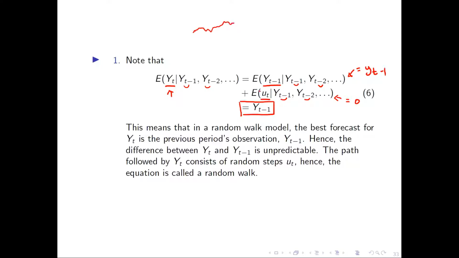And that's because the error term is on average 0, but it's drawn from a distribution such that you get this kind of, we say, stochastic process, because it's changing at random, so to speak.